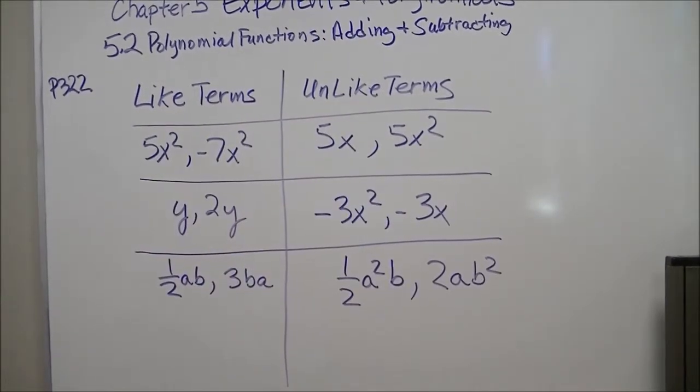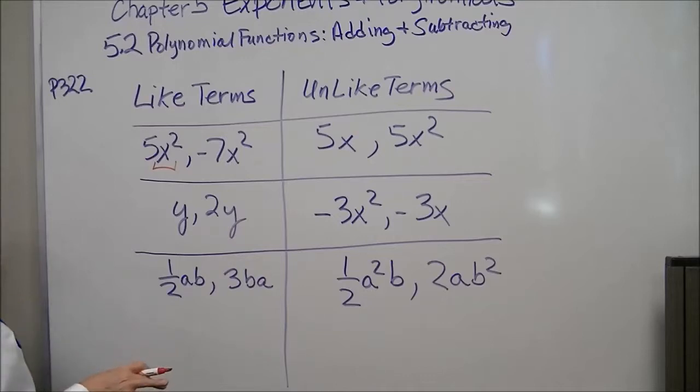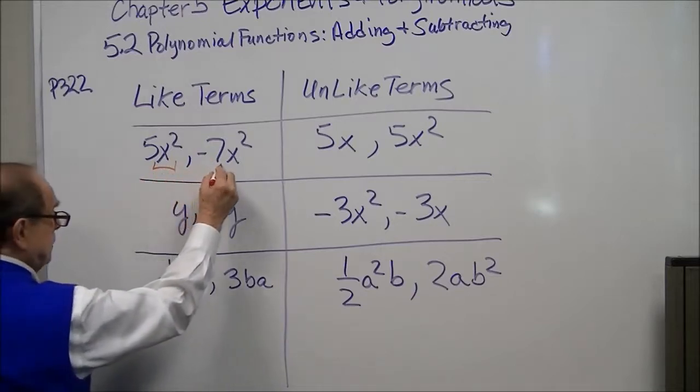And we're building, as we go on, like terms, unlike terms. Now these are all terms, but some are like terms. Well, what makes something a like term? By definition, if the variable, including the exponents, are pretty much or exactly the same, these are like terms.